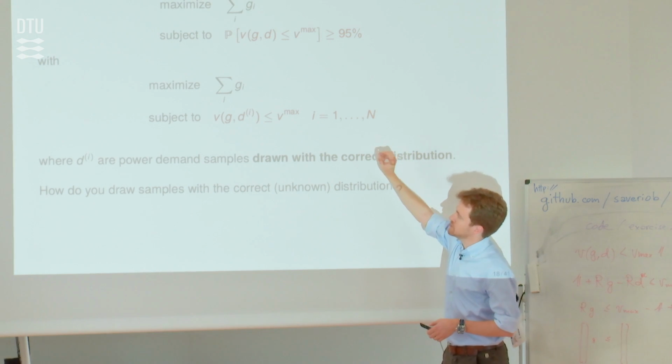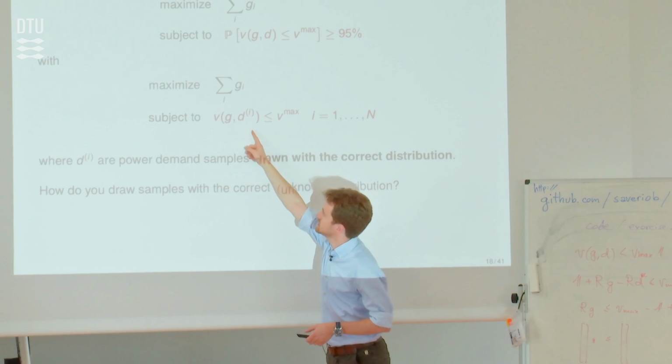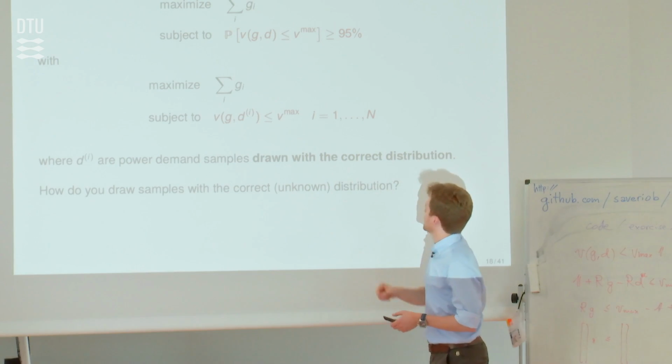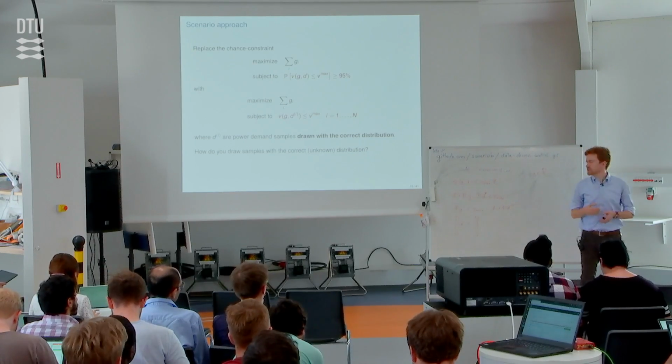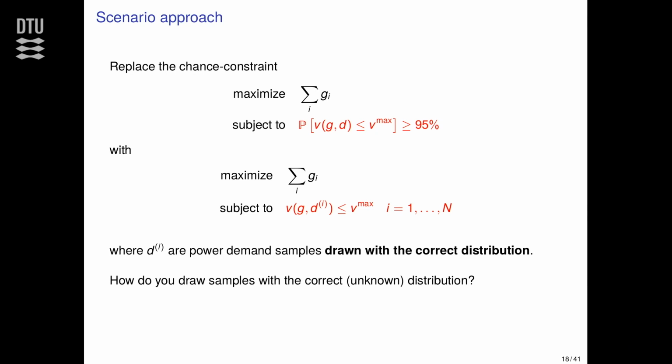And the other key point is that these disturbances here, these samples, need to come from the correct distribution. And I told you that assuming it's Gaussian or stuff like that doesn't really work well, you will see. How do you sample from the correct distribution, the same distribution that you use in the probability here?